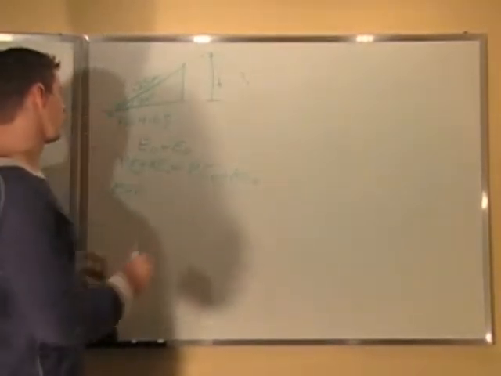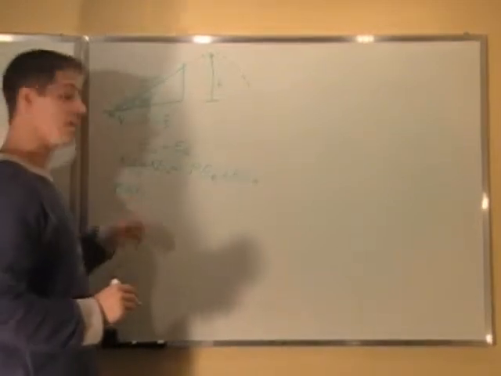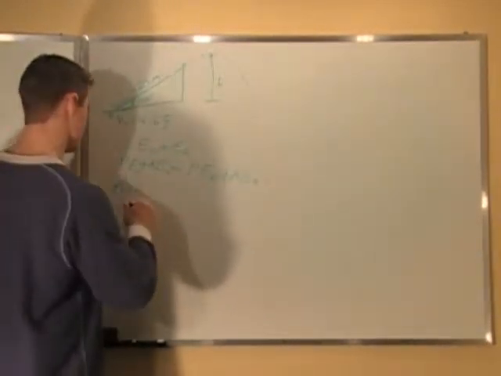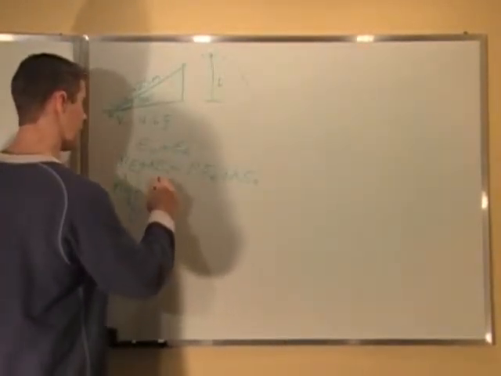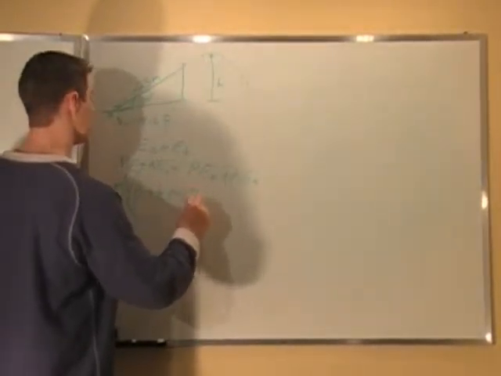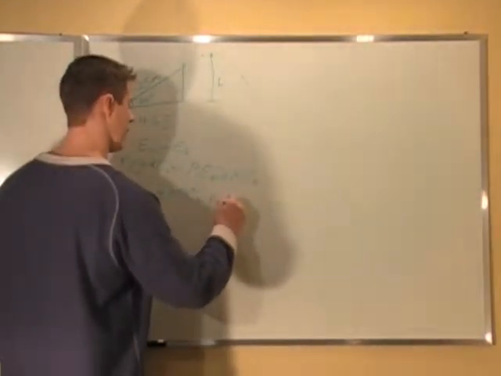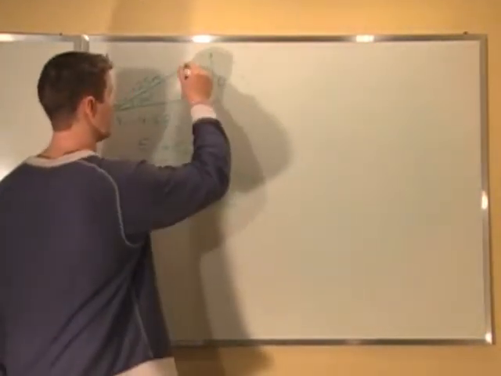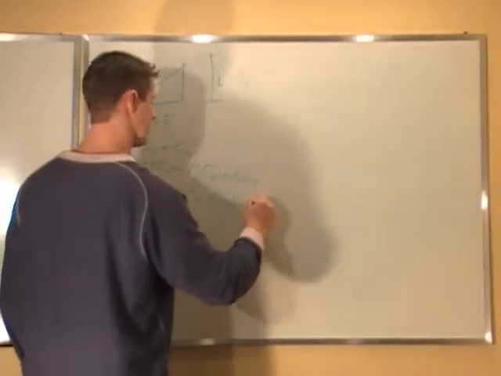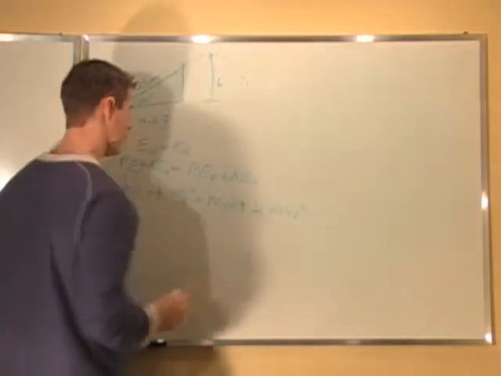We're going to call our zero height at the base here, so h is 0 and this whole term is 0. Kinetic energy is 1/2 m v naught squared. We know v naught. And potential energy final is mgh, the height up here, plus 1/2 m v final squared.